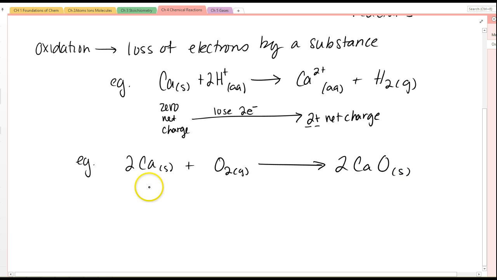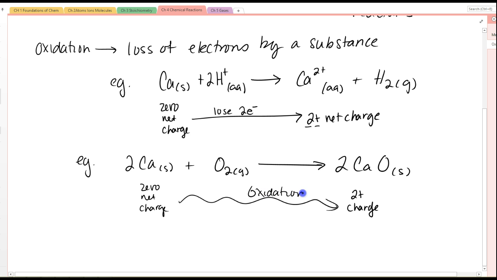Now the calcium here went again from a 0 net charge as a solid to a 2+ charge. So that is oxidation. However, if we look at the oxygen, it went from a 0 charge to a 2- charge. That's a gain of electrons.